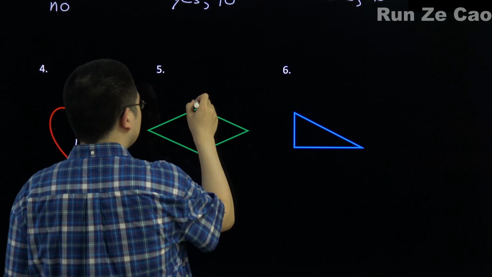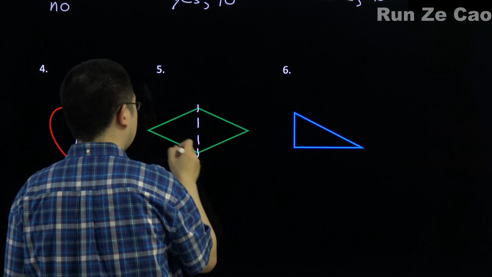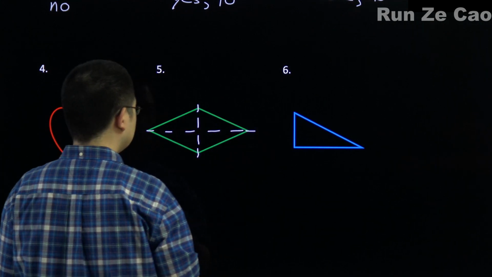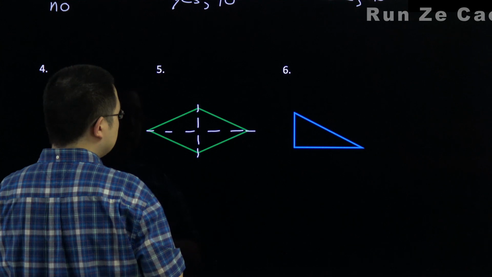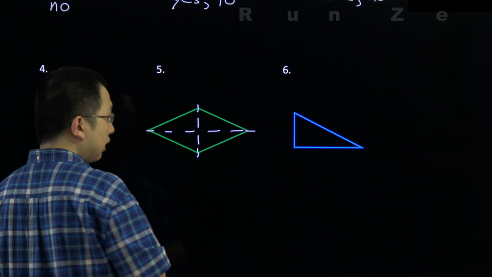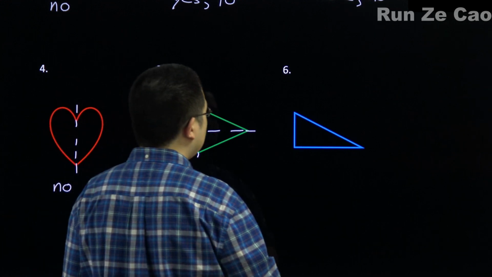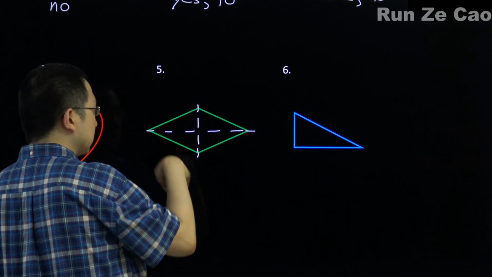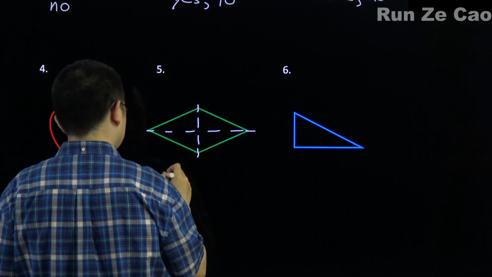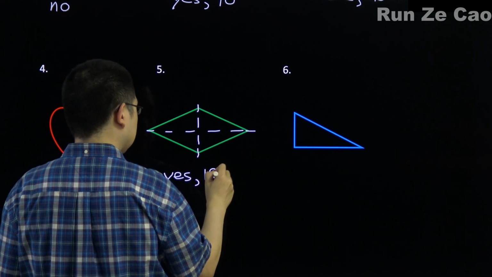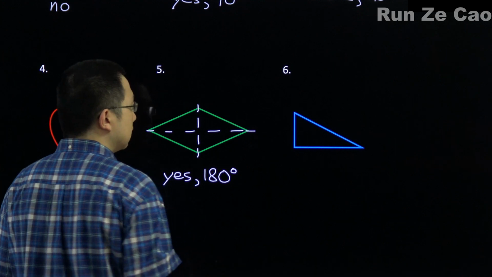This rhombus, it has two lines of symmetry. And as a parallelogram, it has rotational symmetry. Specifically, it has 180 degrees as its angle of rotation. Yes, 180 degrees.